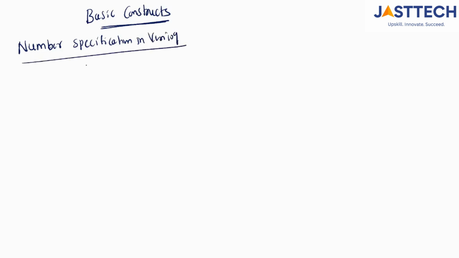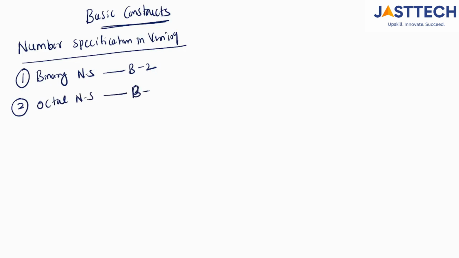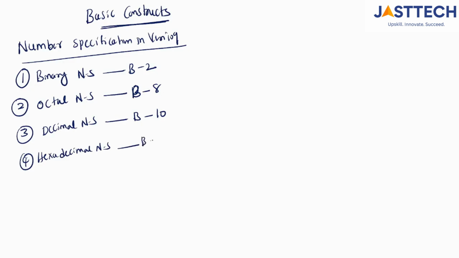So here, in digital you already studied the binary number system, which is having base or radix 2, and next the octal number system, which is having base or radix 8, and next you have the decimal number system having the base 10, and the hexadecimal number system having the base 16.